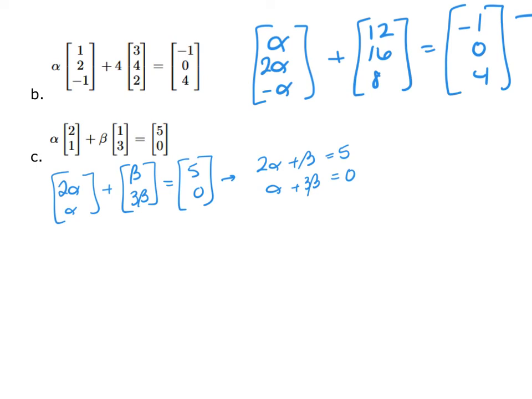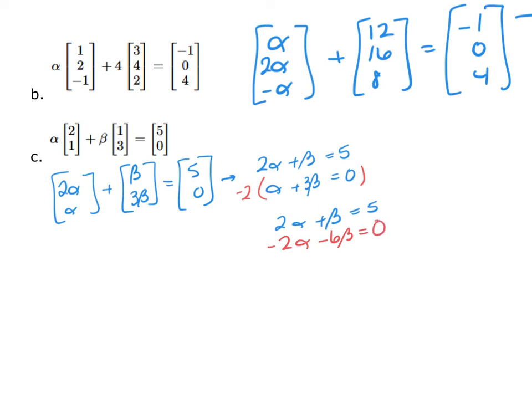I think I'm going to solve by elimination. Multiply this by a negative 2. So I end up with 2 alpha plus beta is equal to 5, and my second equation becomes negative 2 alpha minus 6 beta is equal to 0.